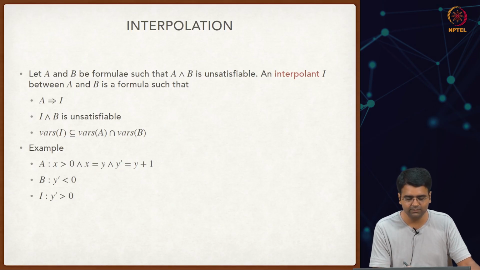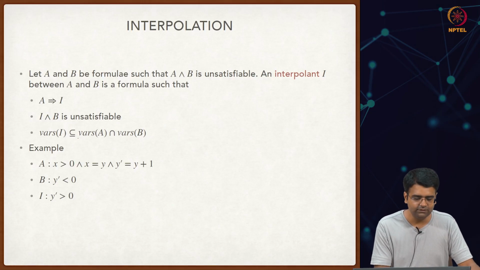Since y prime is equal to y plus 1 and y is the same as x and x is greater than 0, therefore y prime must also be greater than 0, and I and B is clearly unsatisfiable. Furthermore, I only contains the variable y prime, which is free in both A and B. So, therefore, I is an interpolant of A and B.